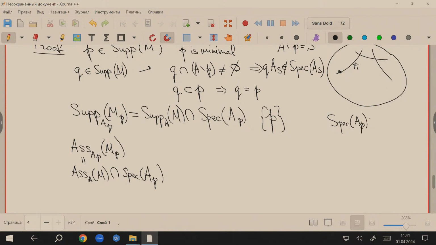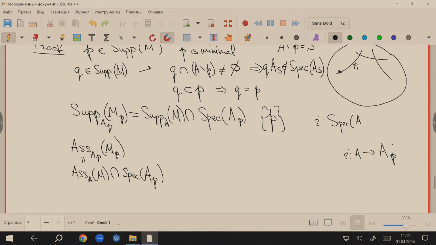You have I, which is a homomorphism of the ring that maps A to its localization. And you may think of the induced map of the spectra.